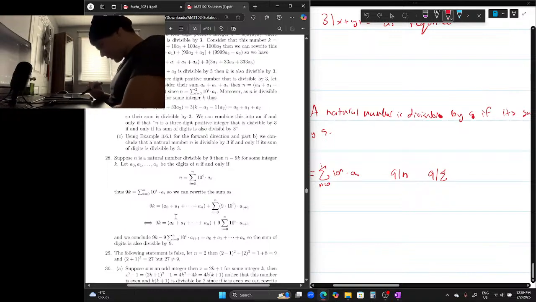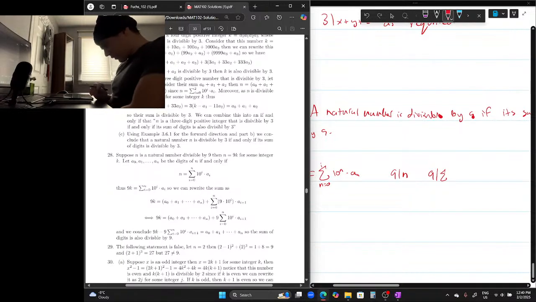So we can rewrite the sum as 9k equals the sum from i equals 0 of 9 times 10 to the i times a of i plus 9. I don't know why they're already writing the sum of the digits plus the sum of n. I don't understand.